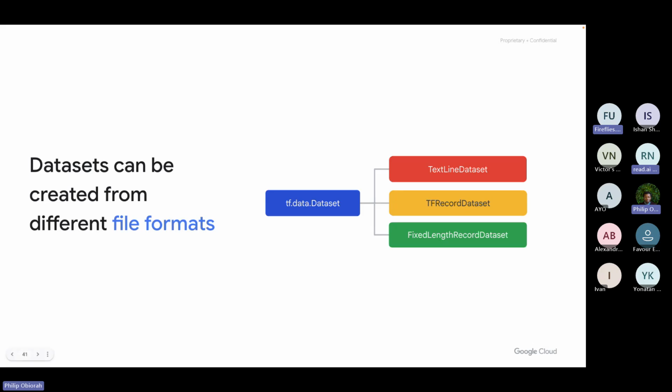Now, the fixed length record data set is used when we have data consisting of fixed-size binary records. For example, let's say we have old sensor data, or maybe scientific telemetry, where the reading is exactly 128 bytes of raw binary.